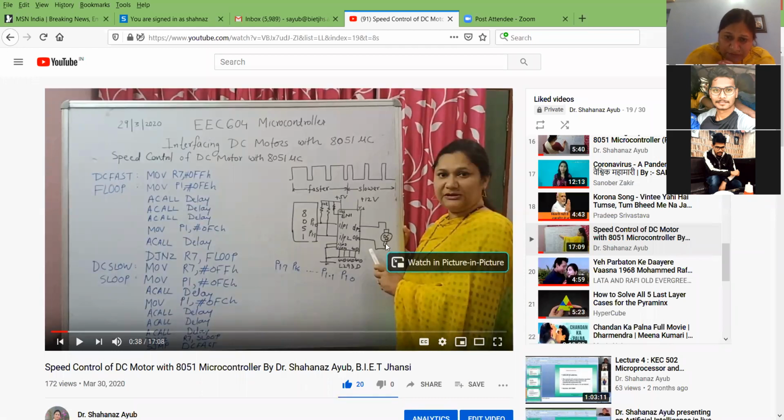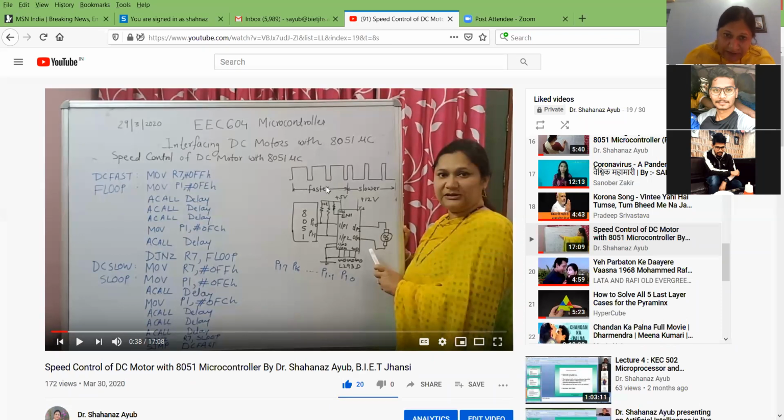So 0 0, both the pins are having 0 0. For this much period the motor is getting positive supply, and for this period the motor is not getting any supply. Then again for this period the motor is getting positive supply, and for this period it is not getting any supply.